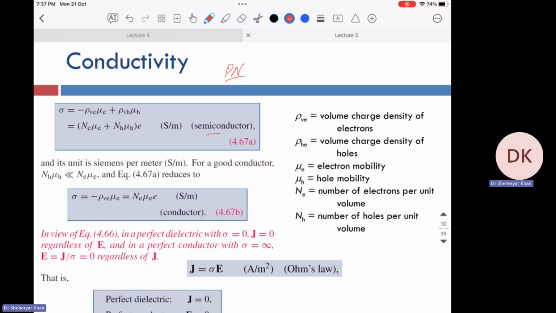But the advantage we get with semiconductors is that they are unidirectional devices, just like diodes. When you apply a negative voltage, they resist the flow of electrons. So it's like a one-way gate. That's the basic we study in digital electronics.